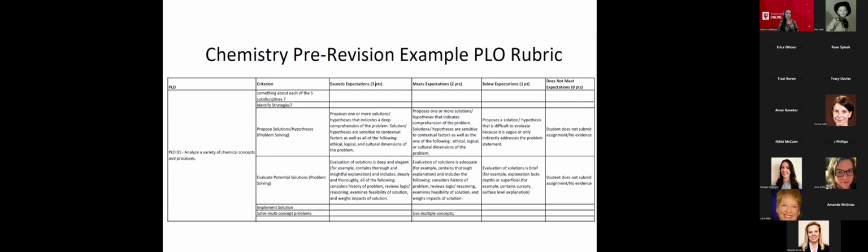But then you'll see a lot of blanks. In prior meetings, when the faculty committee was discussing this learning outcome, they had mentioned things like something about each of the 5 sub-disciplines, or identifying strategies, implementing solutions, and solving multi-concept problems. All of these pieces were things that they themselves mentioned in the meeting.